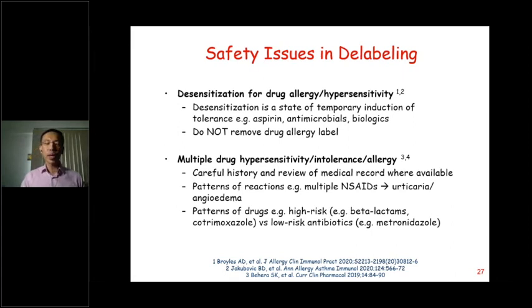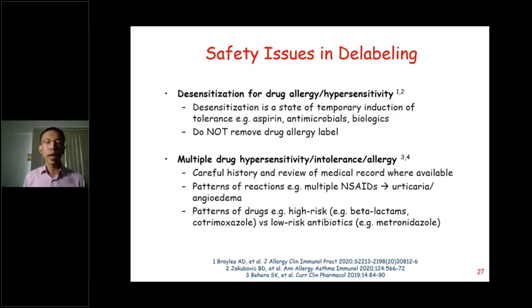So sometimes what happens is that patients who are successfully desensitized have the aspirin label removed. And if the patients then stop the aspirin for, say, about a week because of, say, upper gastrointestinal bleed, other practitioners may not realize that the patient had previously been on the desensitization, and they inadvertently just restart the patient on the full dose of the aspirin again.